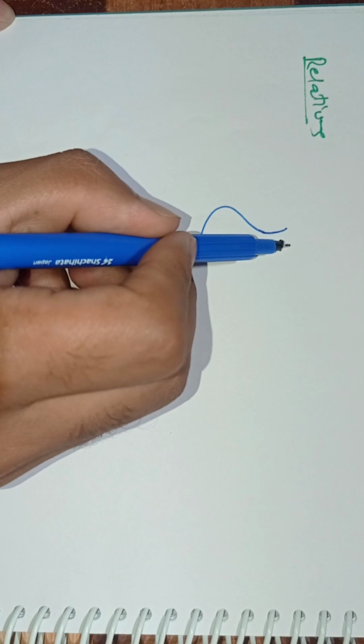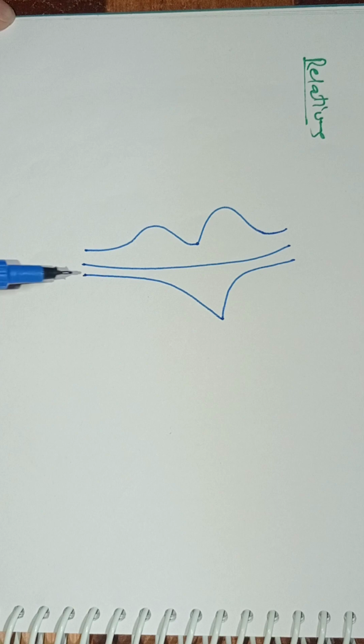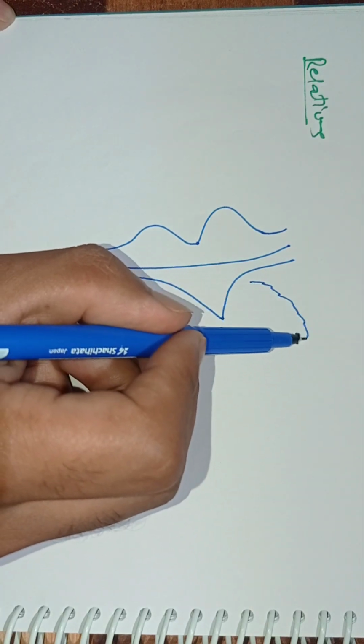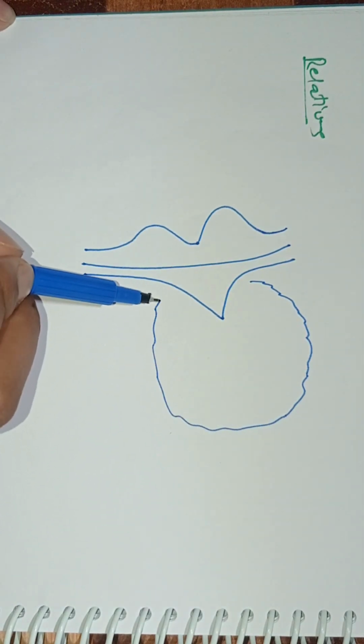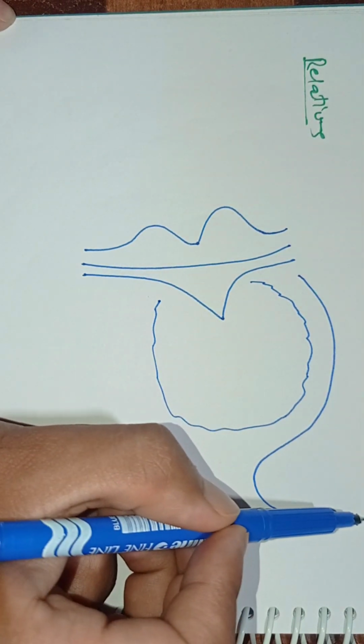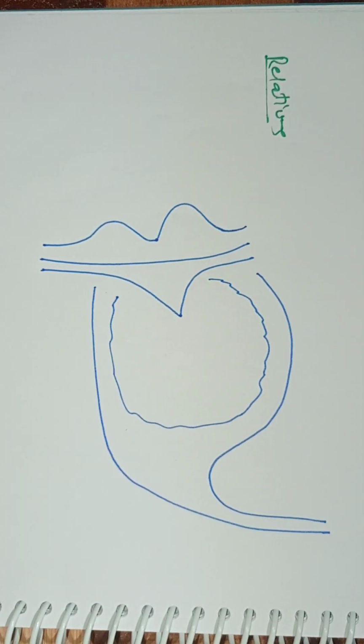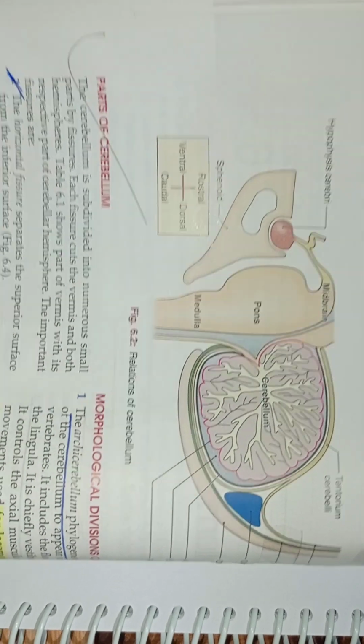First, we will start a line, then we'll make a bulge, then we'll make another bulge and a line downwards, and another line down like this, and the third line but with the little bulge on the outward direction. And from here we will draw a big structure like this. On the superior side, we'll make a line like this. And from the inferior side, we'll make another line which goes like this. So this is the diagram figure 6.2 given in the BDC.